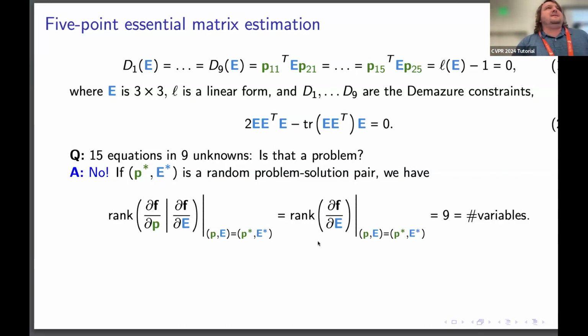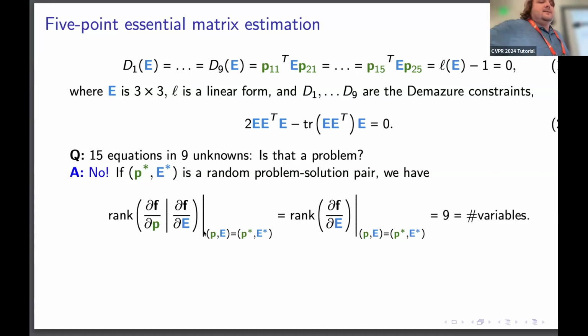What this first condition means is that the solution is isolated. So E star is an isolated solution for your system specialized at P star. And this rank condition means that a generic problem solution pair is in fact solvable. That's an important property to have, because even if you know that your starting problem and your target problem are both solvable, you don't necessarily know that the intermediate problems are solvable, have an exact solution.